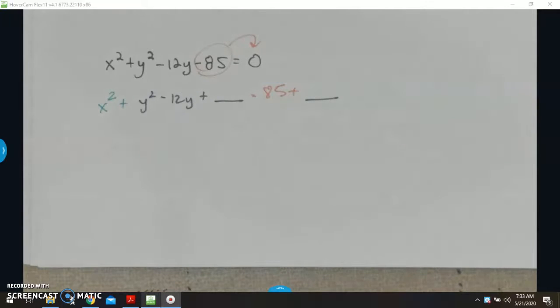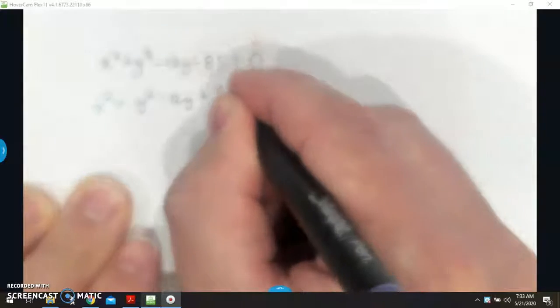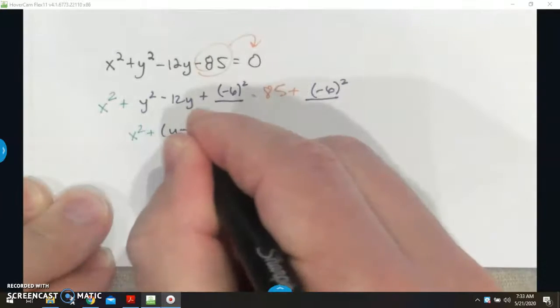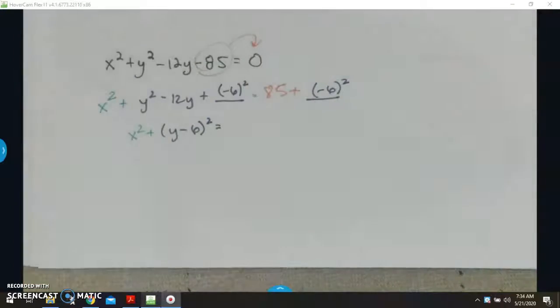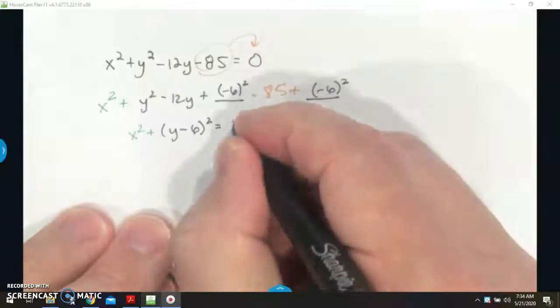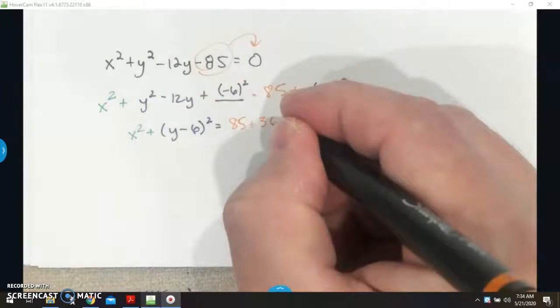Love technology. All right. Half of negative 12 is negative 6. So this will be x squared plus y minus 6 squared. This will equal 85 plus 36.